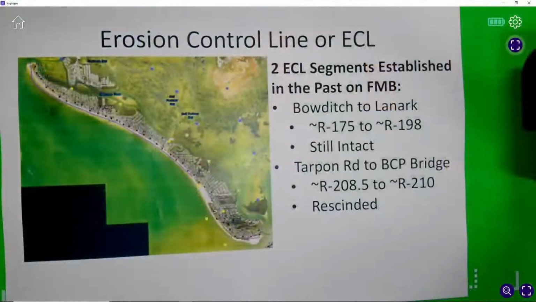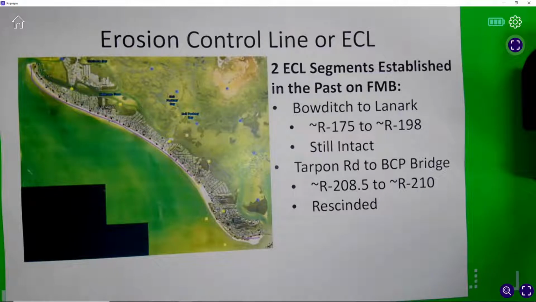So the town has had two ECL segments established in the past. If you can zoom in on that purple line, I know it's hard to see. I didn't like this picture, but it's one of the better ones that I had for showing both segments. You have one from Bowditch to Lanark, which is R175 to R198, for those familiar with the R monuments.